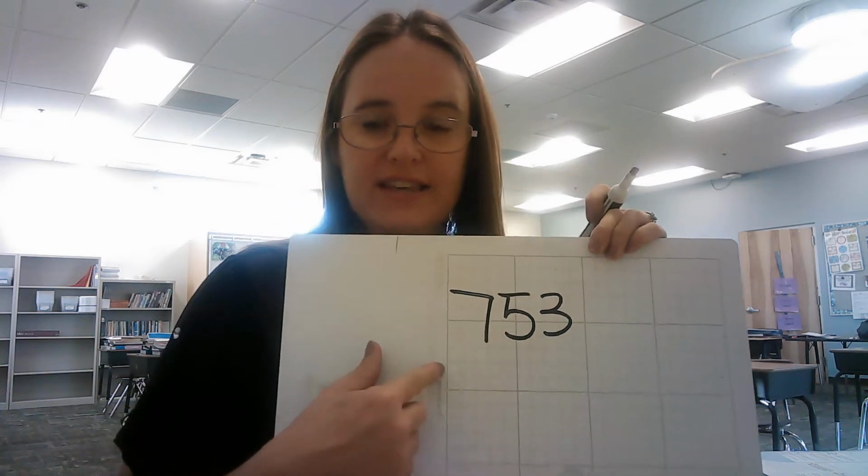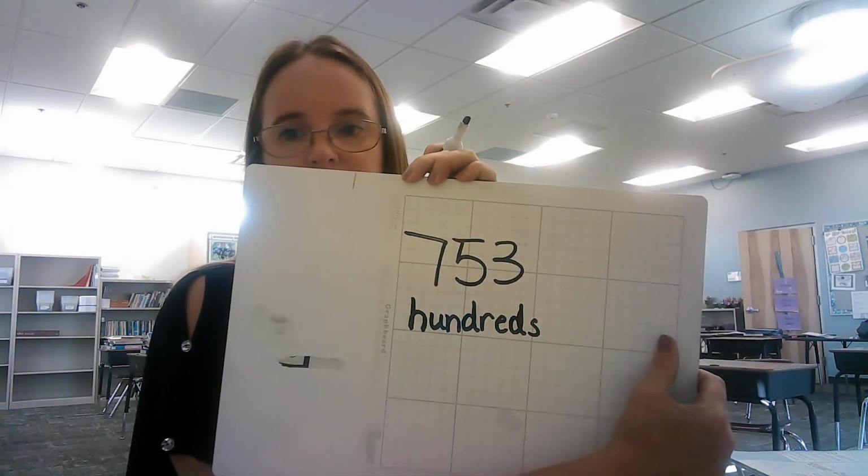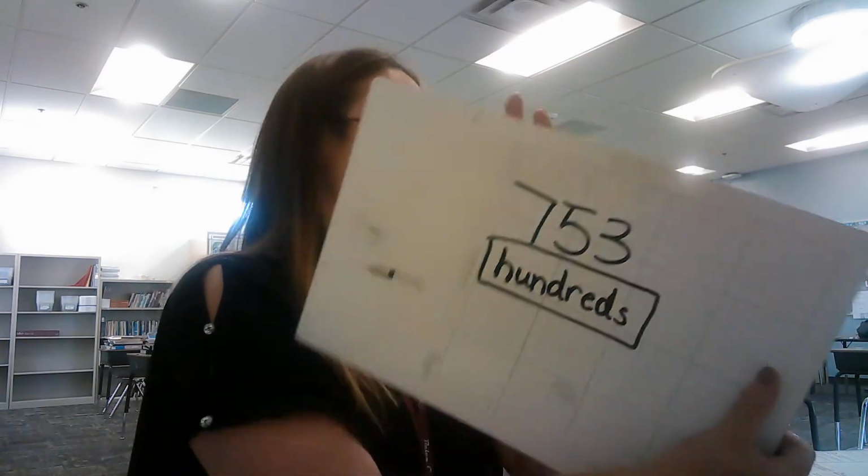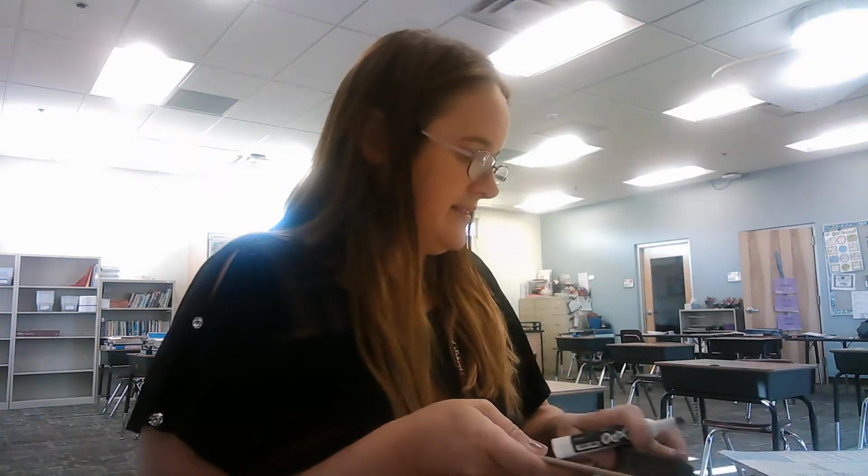So in looking at this, you need to be able to find the 7 and say, that's in the hundreds place because we go ones, tens, hundreds. So our answer here would be written in words, hundreds. And we should box it in because that's the answer to this problem.